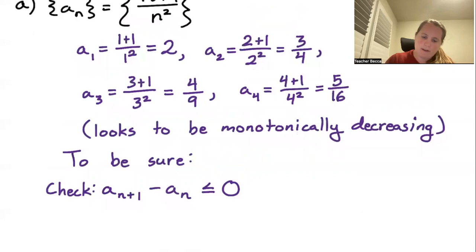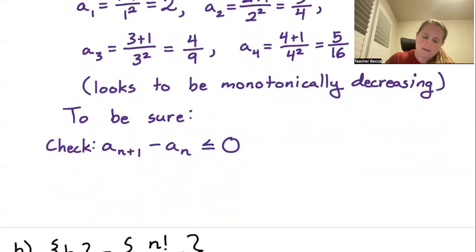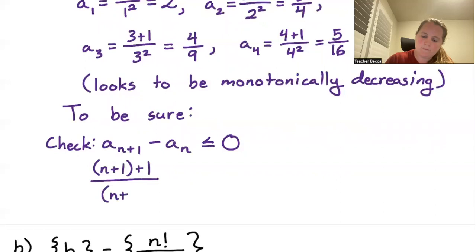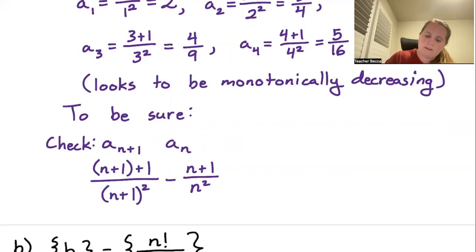So a sub n plus 1 would be (n plus 1 plus 1) over (n plus 1) squared. Then we subtract off a sub n, which is (n plus 1) over n squared. We want to know, is this less than or equal to 0? Or we can actually just check if a sub n plus 1 is less than or equal to a sub n.